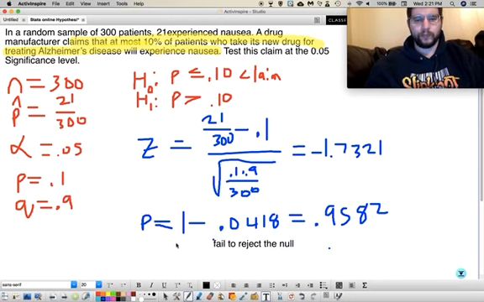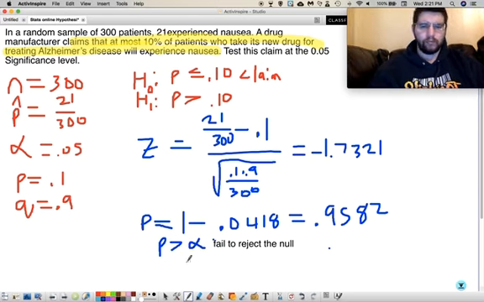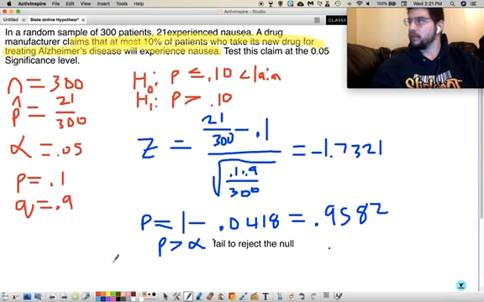Because P is greater than alpha. Since P is greater than alpha, we fail to reject the null. So our claim was in the null. We fail to reject the null.